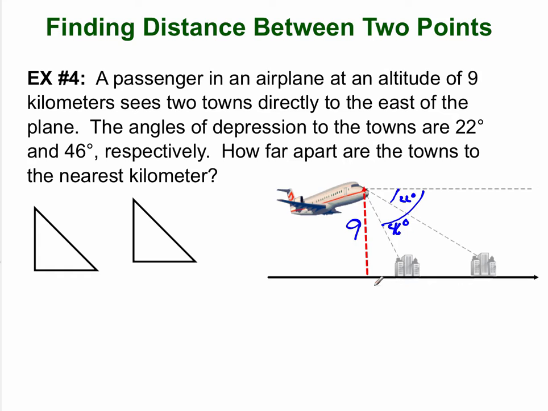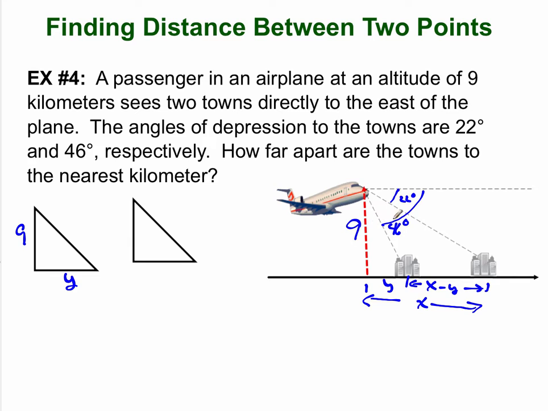Well, if the distance from the airplane to the second town is x, and the distance from the plane to the first one, let's call that one y, then this distance right here is going to be x minus y. Now, let's come over here and translate these to 2 separate triangles. This triangle is 9, y, and what is this angle right here?